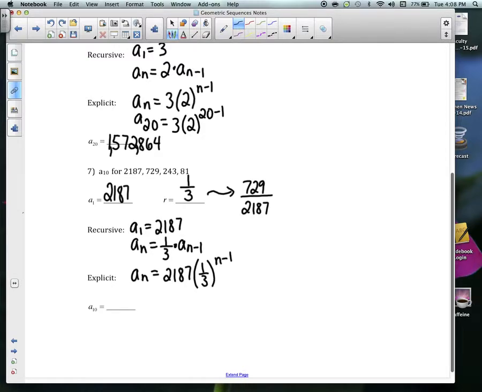And then once we have both formulas, we'll use the explicit to figure out the 10th term. In this case, when you calculate it, again, using the fraction tool is helpful. We'll get A10 is 1/9.